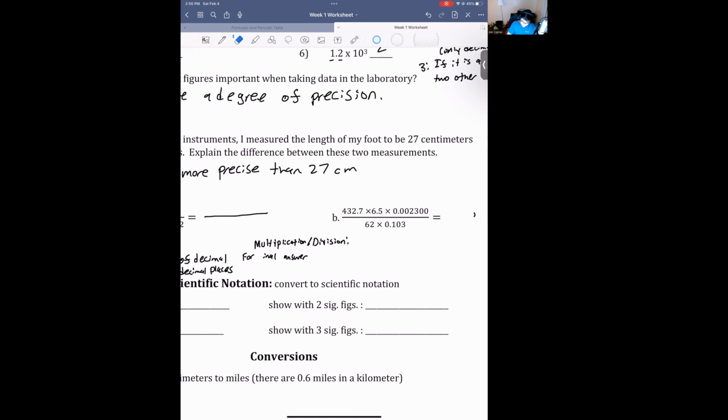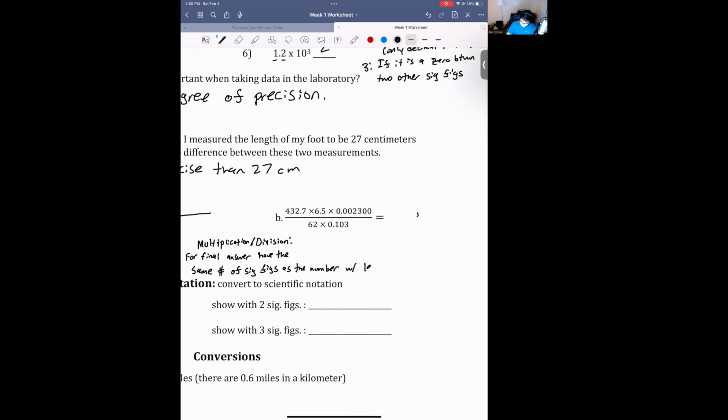For the final answer, you're going to have the same number of sig figs as the number with the least sig figs. So if you're multiplying 2 numbers, one has 2 sig figs, the other has 3, you're going to take 2 sig figs. You want the least amount of sig figs.